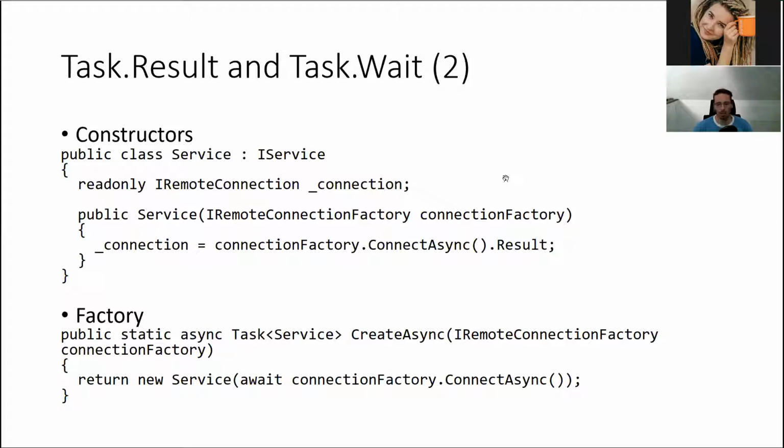Create is probably the easiest name to remember, and you create the service and call await inside it. It's a normal method, and whoever wants an instance of your service, instead of calling the constructor, will call this factory method. Simple. As with everything in computer science, a lot of problems can be solved with an extra level of indirection, or an extra level of abstraction.